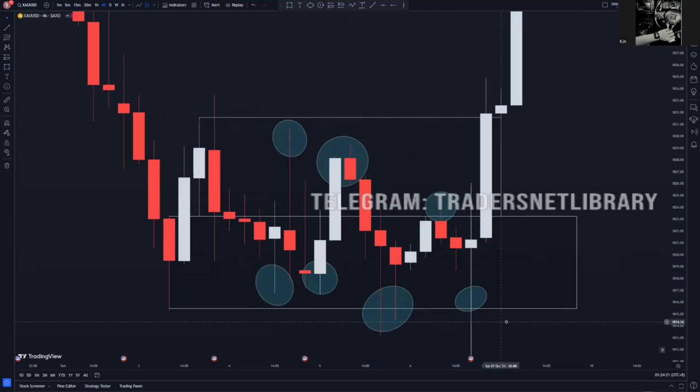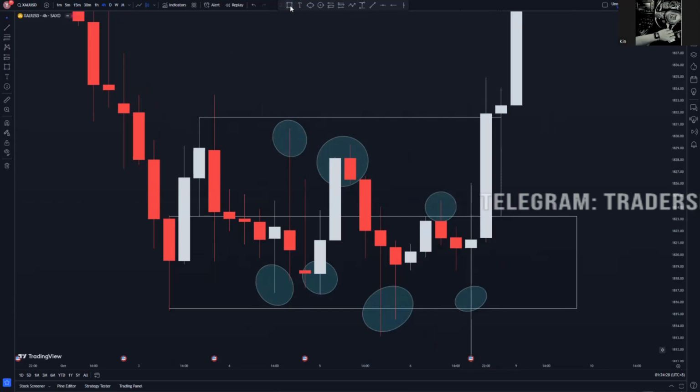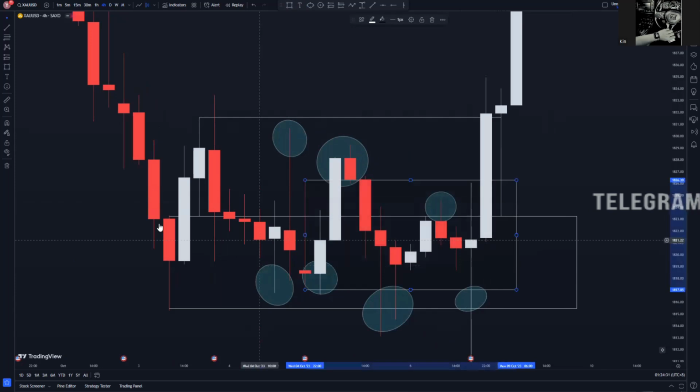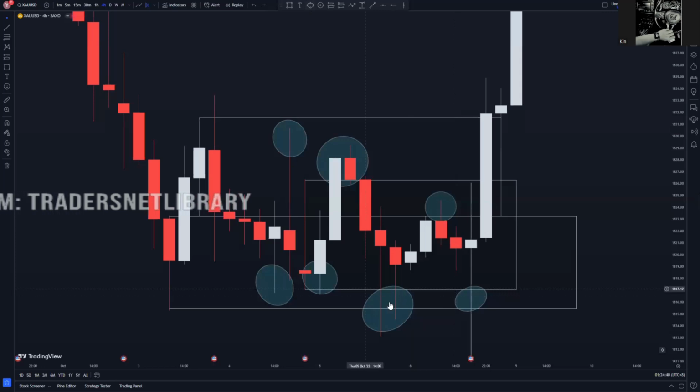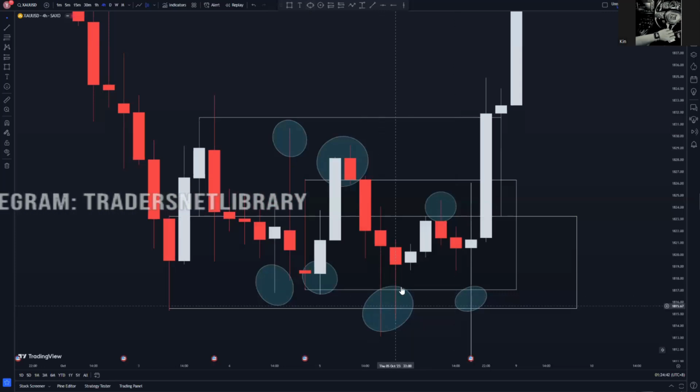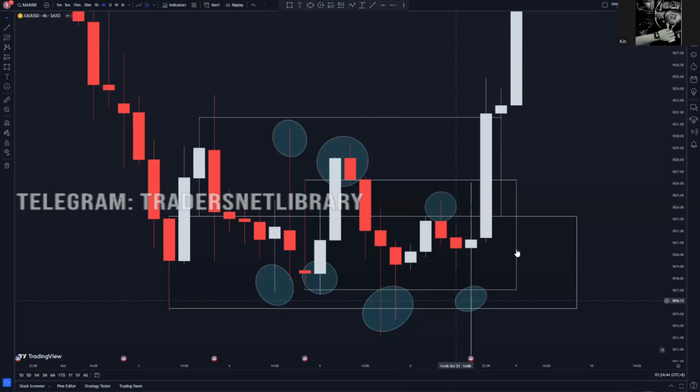Back to what I said, when we talk about the zones, we need to be flexible. For example, whether you mark this buy zone like this or like that, the current market price will be at the same level, which is where we are just going to keep on monitoring anyway.